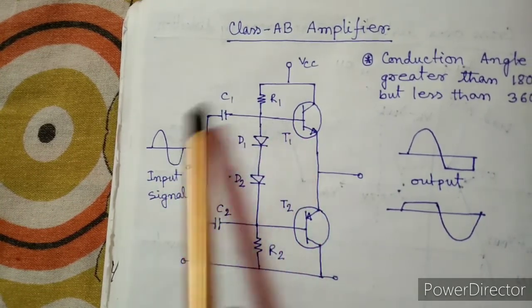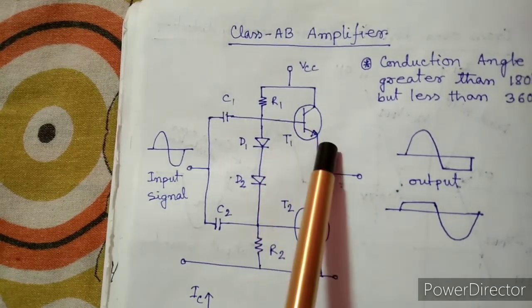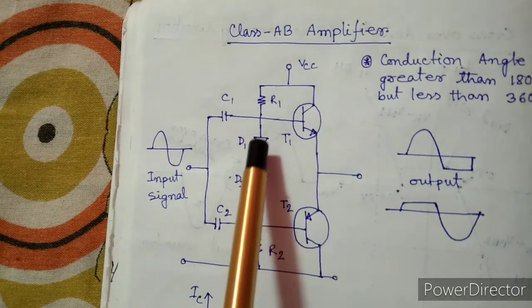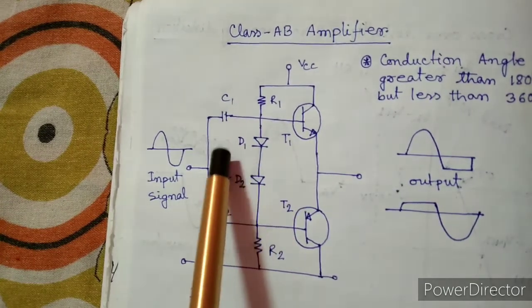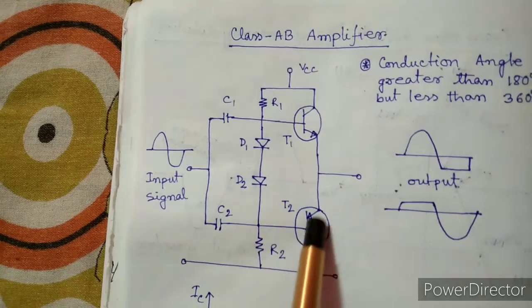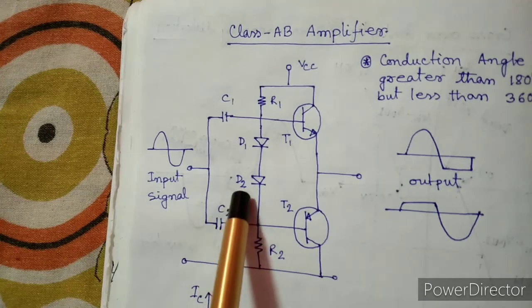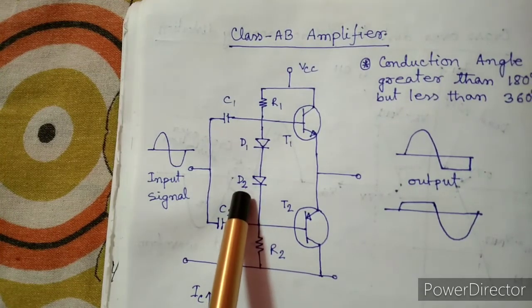So, when the input comes, the potential drop between base and emitter is 0.7 volt, across diode D1 the potential drop is 0.7 volt, across transistor T2 base emitter is 0.7 volt, and across D2 also the potential drop is 0.7 volt.